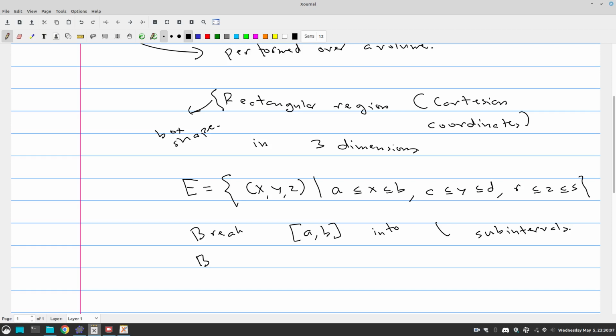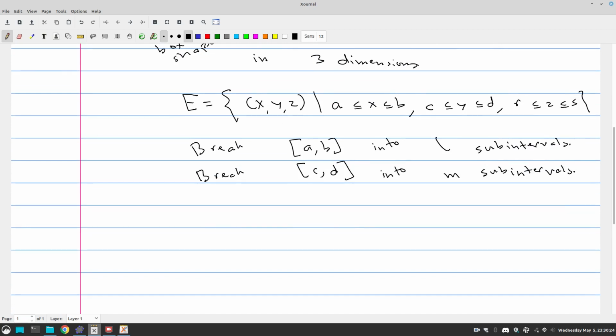Then break the CD interval into M subintervals, and break the last interval, R to S, into N subintervals.